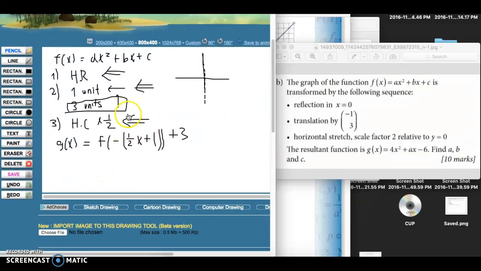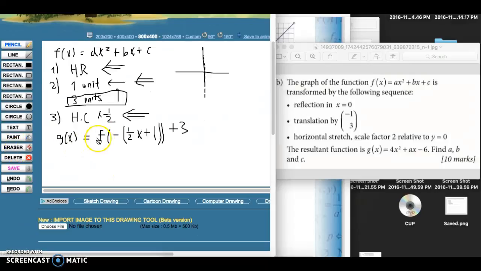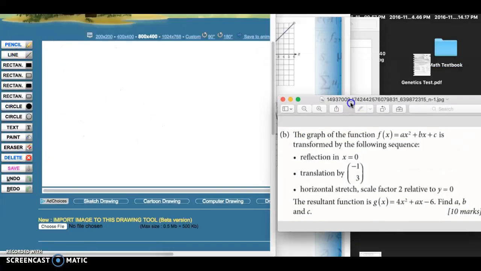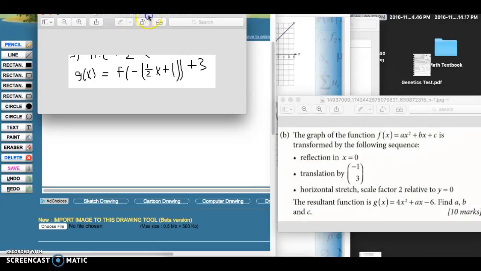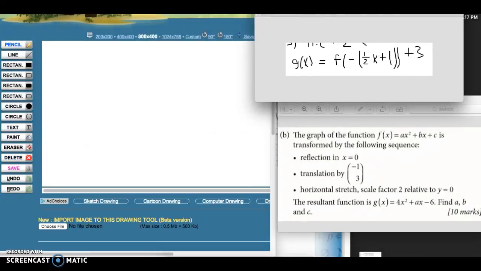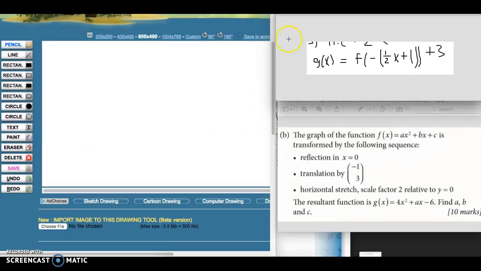Okay, so let's take our g of x in terms of f of x, and let's write it out.